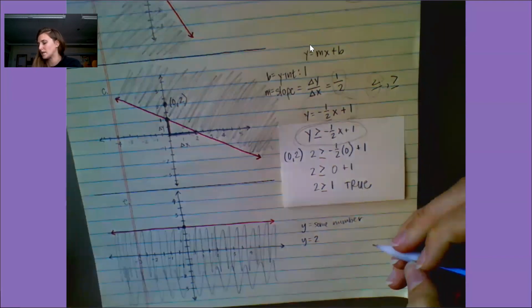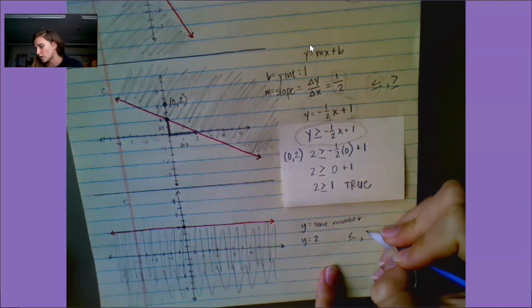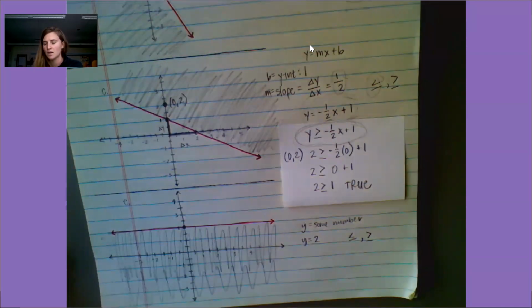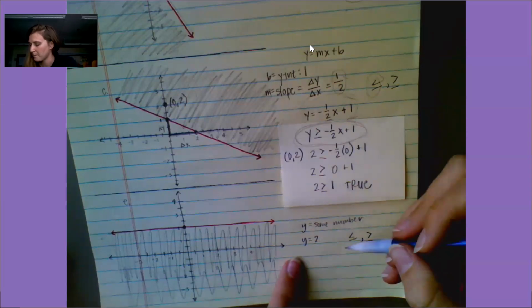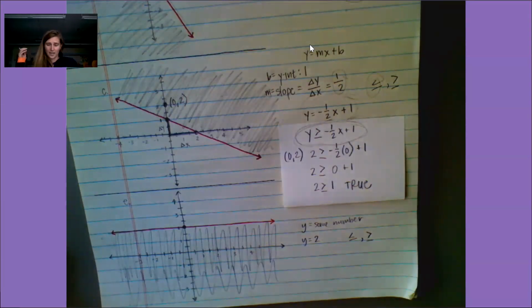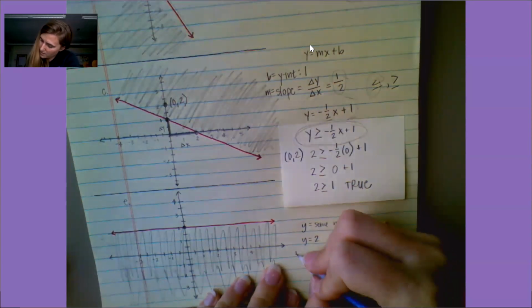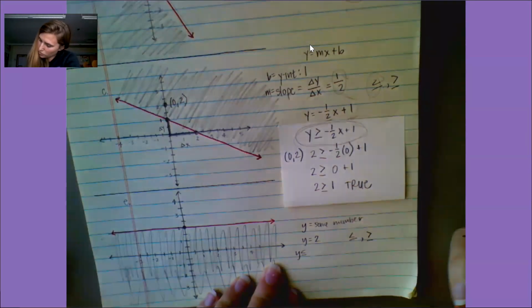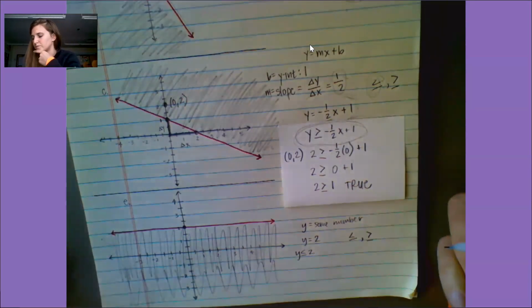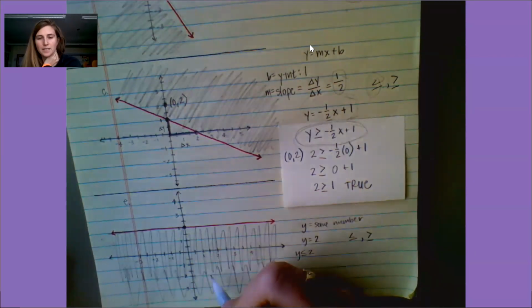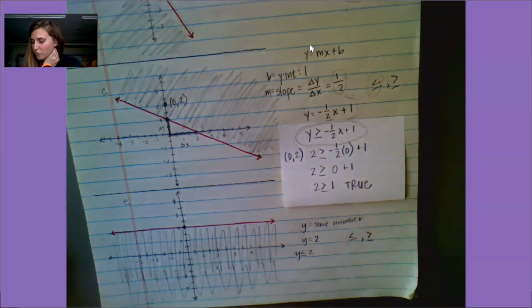I know that it's going to be less than or equal to or greater than or equal to because it's a solid line. But we need to just do some guessing and checking to figure out which one it is. So let's try the first one: y is less than or equal to 2. Then I'm going to pick a point in the shaded half plane.